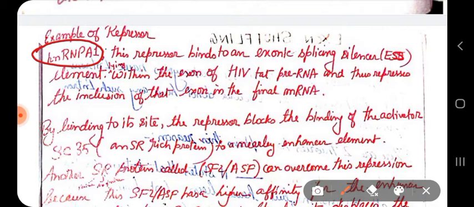So HNRNP1 simply binds to the polypyrimidine tract and blocks the splicing machinery which initiates the splicing process, like the branch point binding protein and U2AF65, which is called U2 auxiliary factor 65.